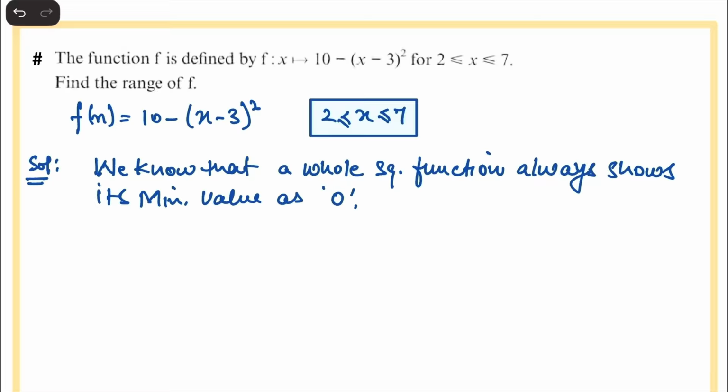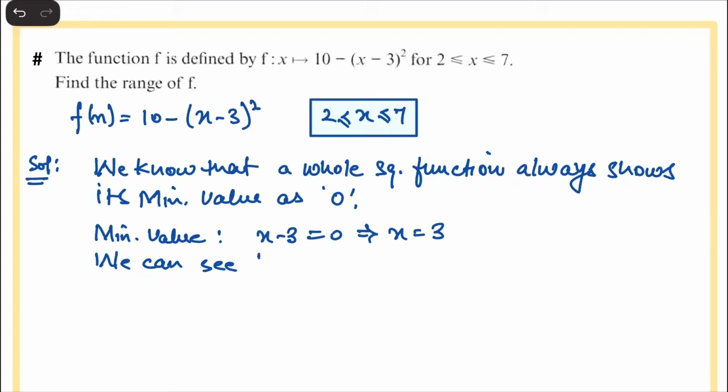Any whole square function can have its minimum value as 0, and this 0 is possible only if x minus 3 becomes 0. So I will write minimum value calculation. So I will put x minus 3 equals to 0. I will get x is equal to 3. So we can see that if x is kept equal to 3, y becomes equal to 10, right?